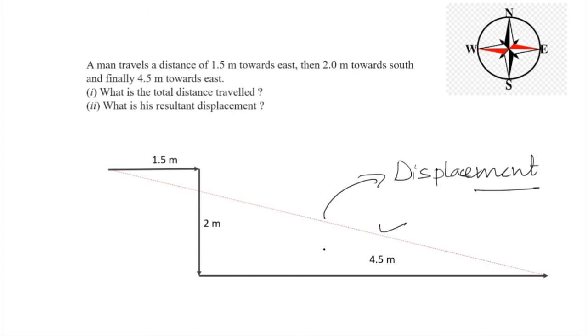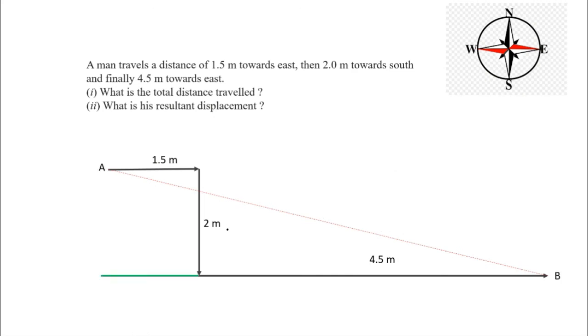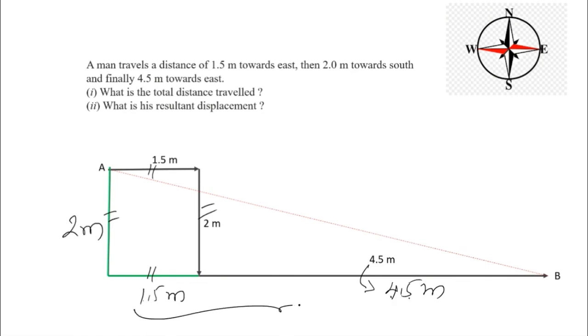And how will you calculate the displacement? You have to complete a right angle triangle here. How will you do that? Extend these lines and join here, so you will get the measurements. This is equal to 1.5 meter and this is 4.5 meter. So this will be equal to this, that is 2 meter, and hence 4.5 meter and 1.5 meter amounts to 6 meter.